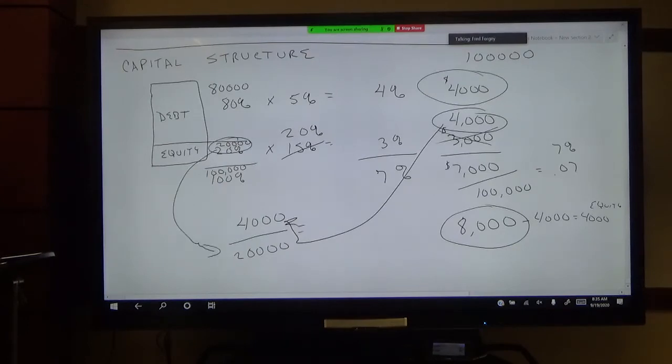So 4,000 divided by 20,000 is 20%. All right. Any questions on that?